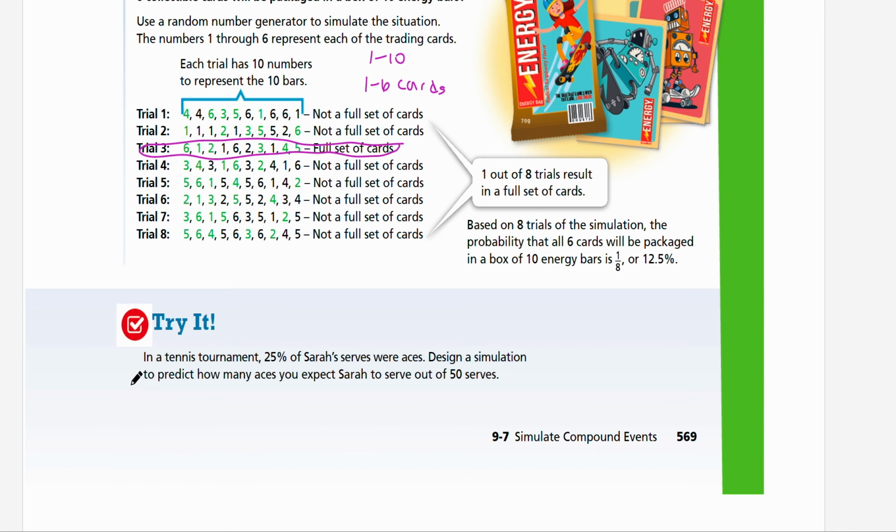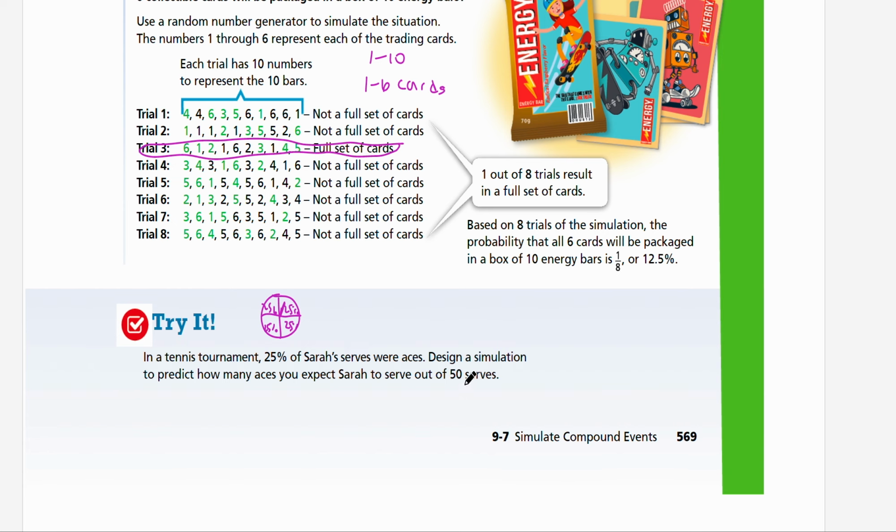So if we use a 4-section spinner, then we have 25% for each, right? And then we could spin it, and then design and simulate it, right? And then you can decide how many times you're going to simulate it, and then find out the results.